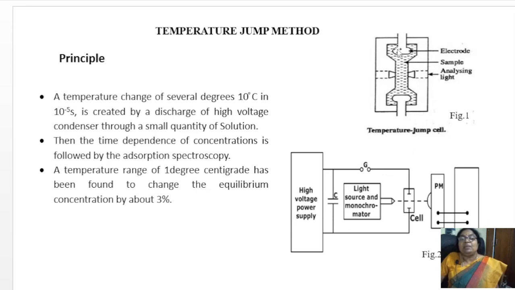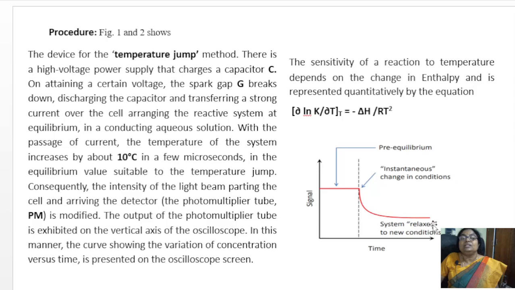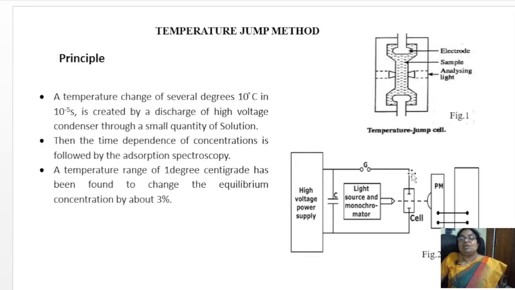Then the time dependence of concentration is followed by absorption spectroscopy. A temperature change of 1 degree centigrade has been found to change the equilibrium concentration by about 3%. Here are figure 1 and figure 2.